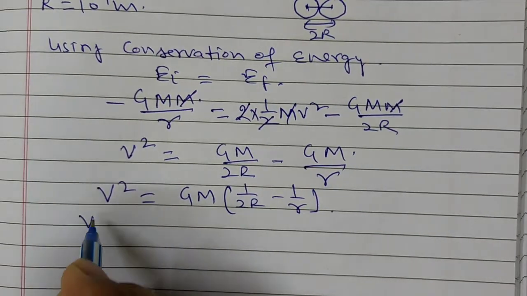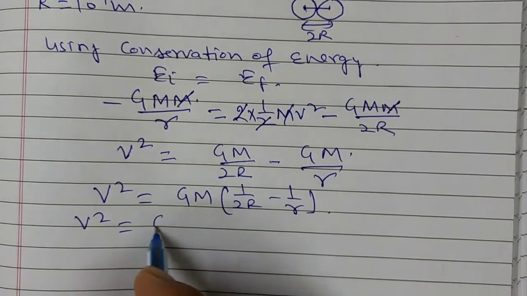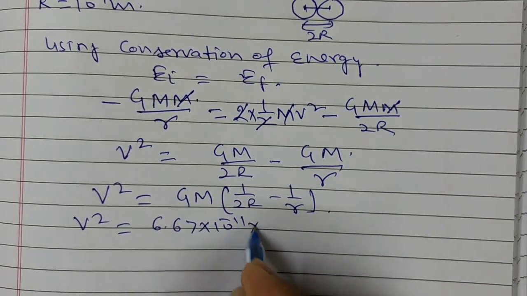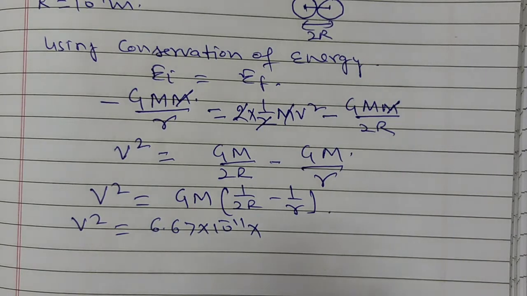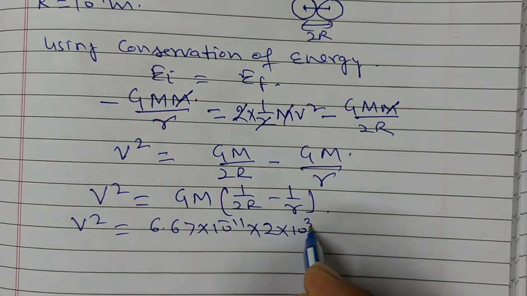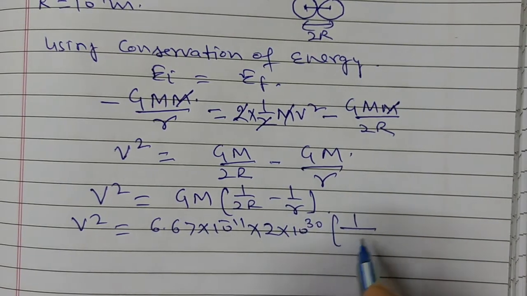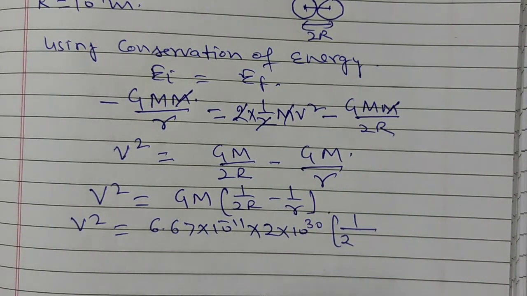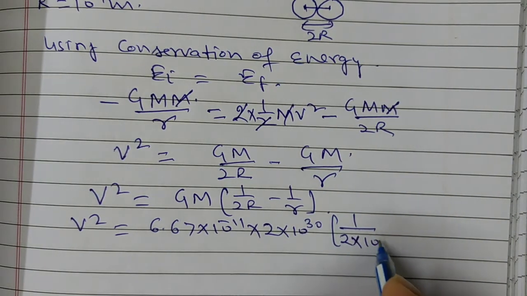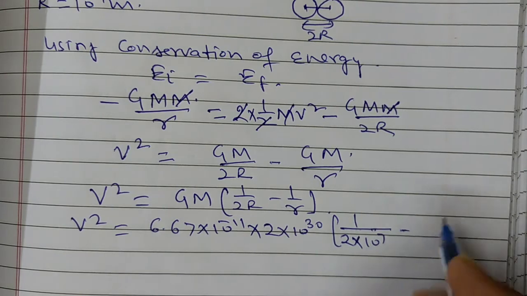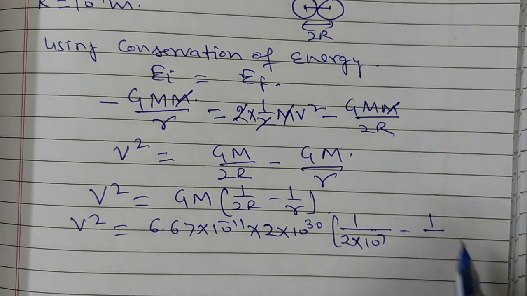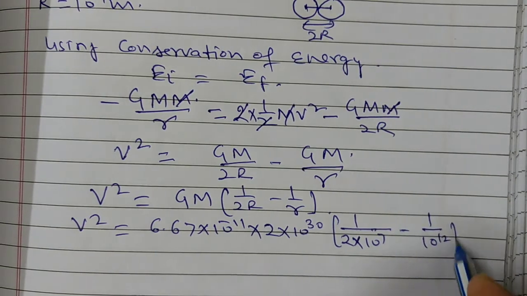Now on putting values, G is equal to 6.67 into 10 to the power minus 11, and the solar mass is equal to 2 into 10 to the power 30 kg. This is 1 upon 2r, which is 10 to the power 7 meter, minus 1 upon small r, which is 10 raised to power 12.